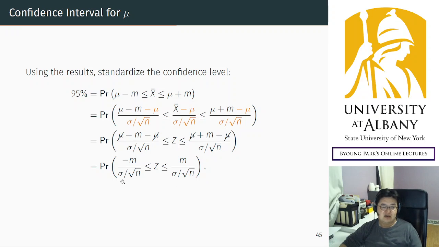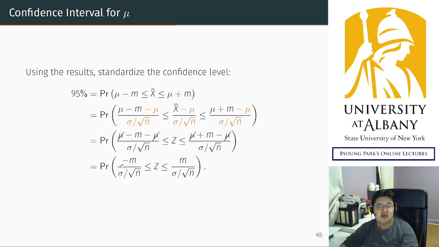This is the standardized probability. In the middle, z is the standard normal random variable, between plus and minus something. This is something, something. Same thing, but the sign is different. Right, the same thing up to the sign, and its probability should be 95%.